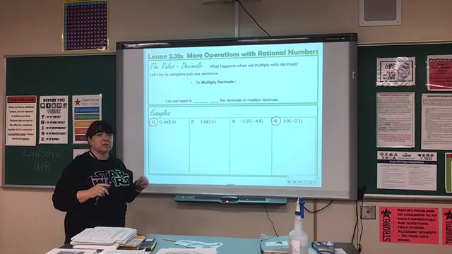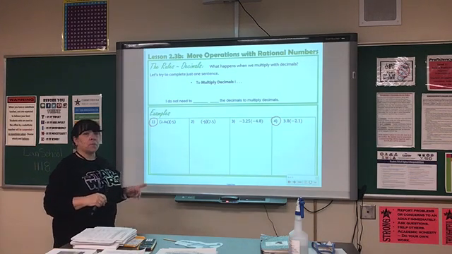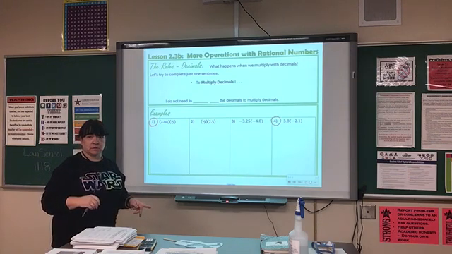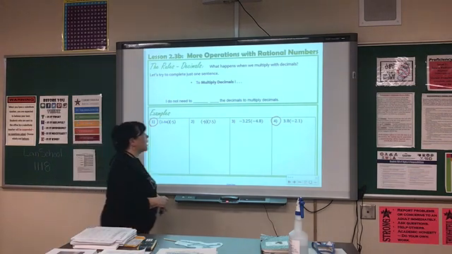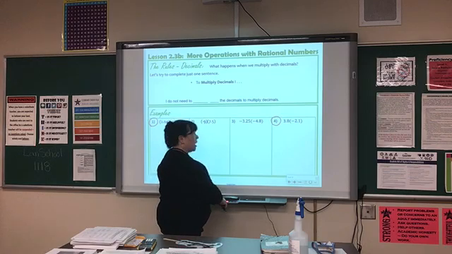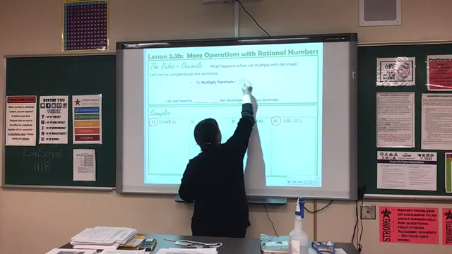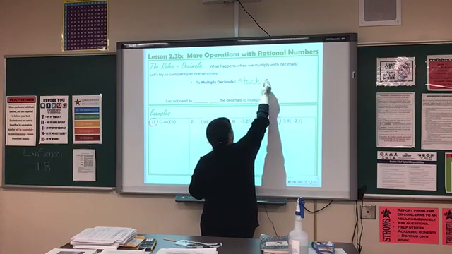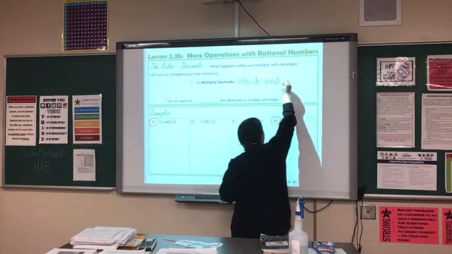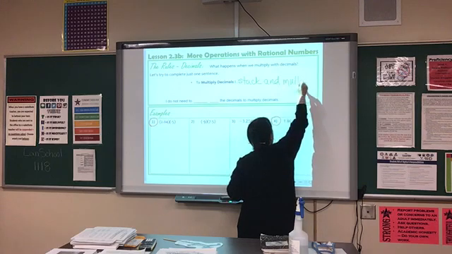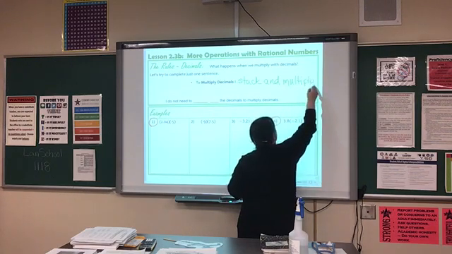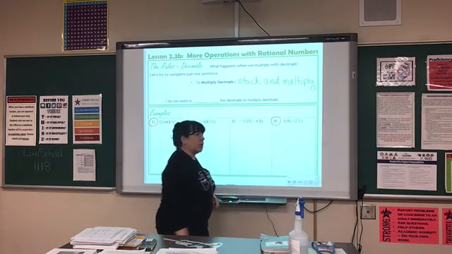So I'm just going to multiply my decimals, my decimal values, okay? So to multiply decimals, I am going to have to stack and multiply. I am going to stack and multiply.